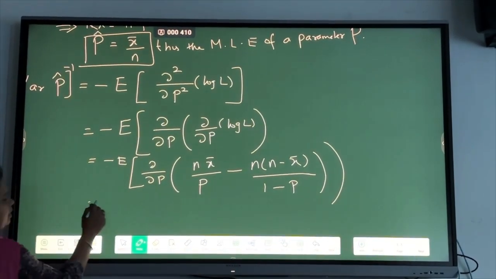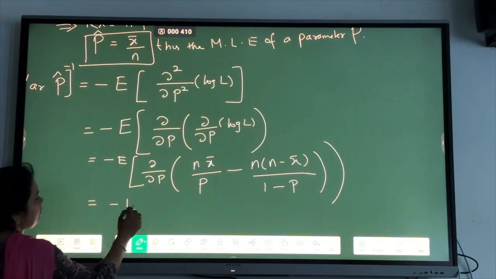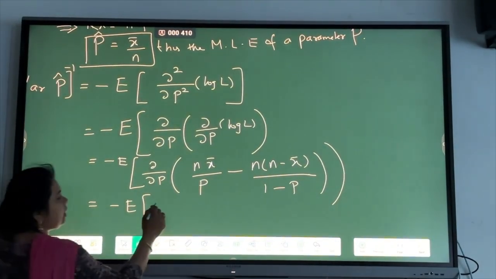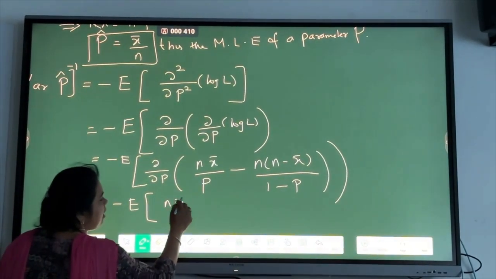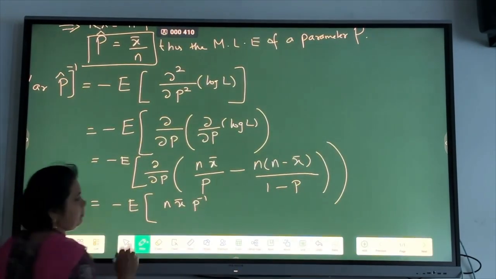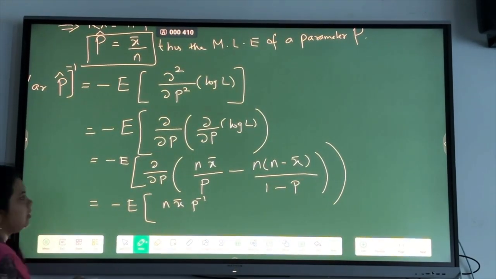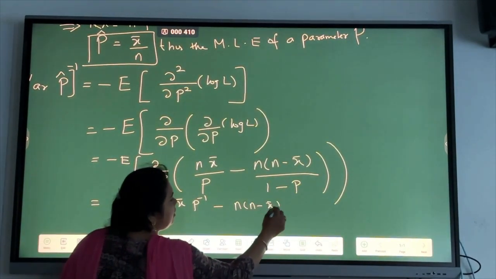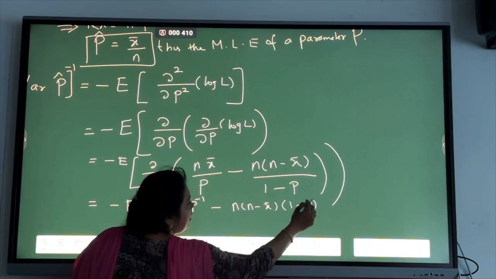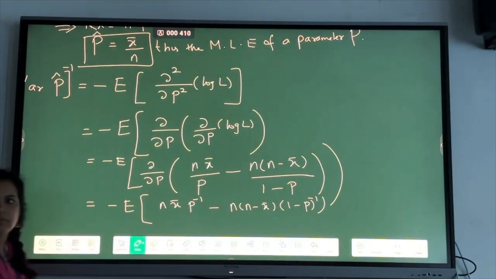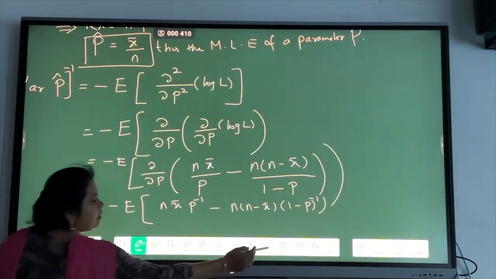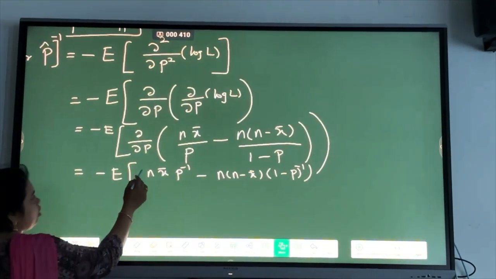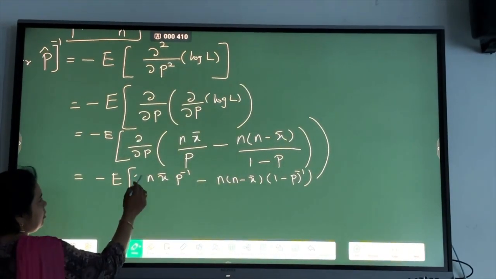So what will you get now? Once again we are going to differentiate p only. So you look at here, this is n x bar p to the power minus 1. This is n into n minus x bar, 1 minus p to the power minus 1. That is the meaning. Got it? Once you differentiate, this is dou by dou p.